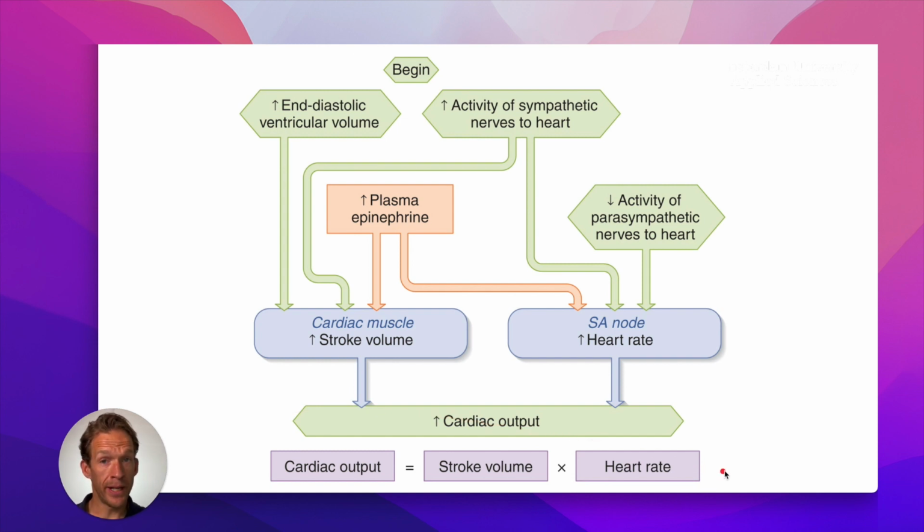So then you can combine all of these factors in this chart. So here you can see the beginning and here you can see the end. Here you can see cardiac output, again determined by stroke volume multiplied by heart rate. And here you can see the different routes of regulating heart rate through the sympathetic input or through the parasympathetic input.